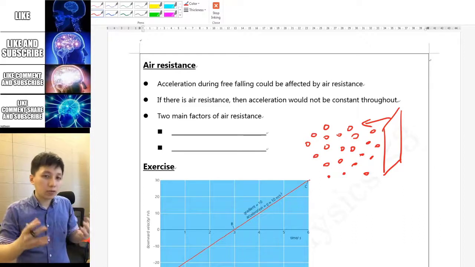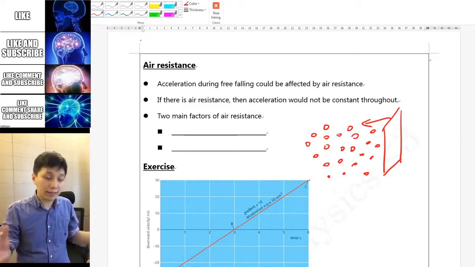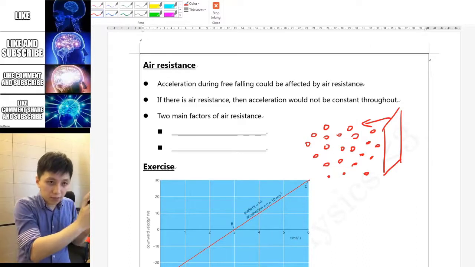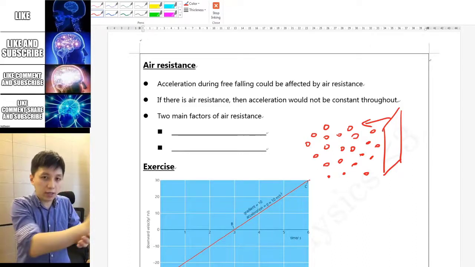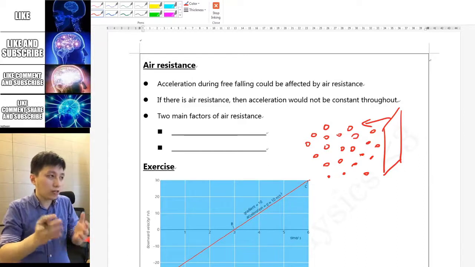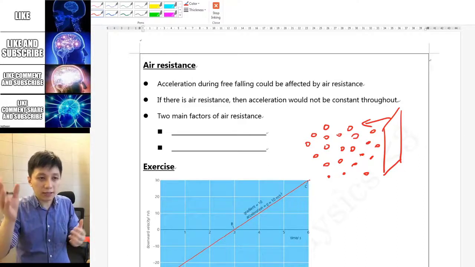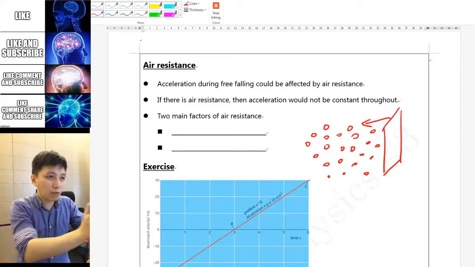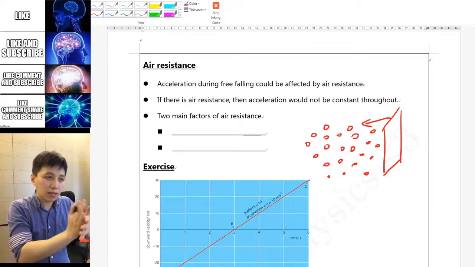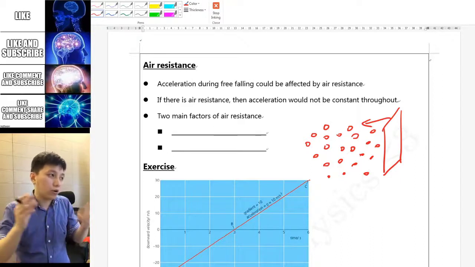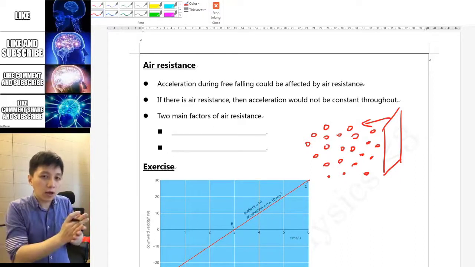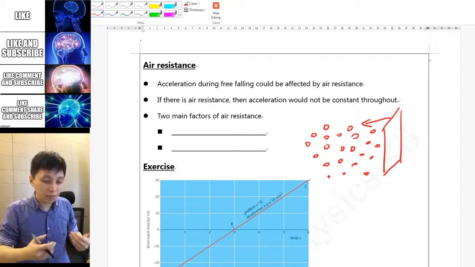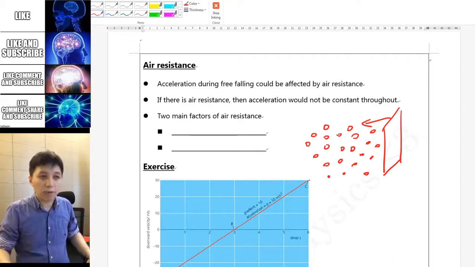Normally those air particles would be stationary, but when you get the paper to move through them, you have to push them away, right? During this process, we call it a collision, basically colliding the paper with the air particles. Since you are pushing them away, they must be taking the energy, or what we will call momentum in the future, from the paper itself. So that's why the paper gets slowed down.